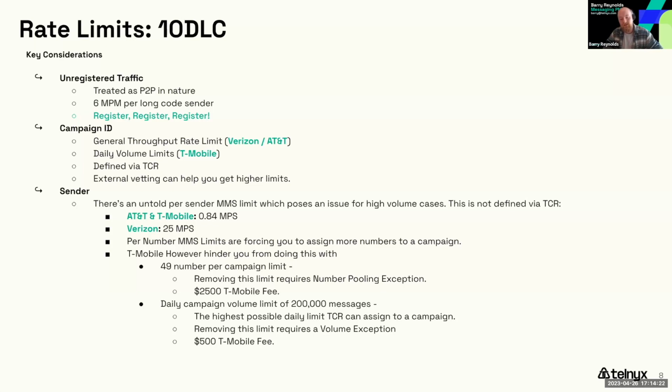But AT&T and T-Mobile, as we can see, have quite low limits per sender, which naturally forces you to add more senders to a campaign, which goes against the idea of 10DLC, really. And then we have T-Mobile, who also say on the other side that no, you can't have more than 49 numbers per campaign.